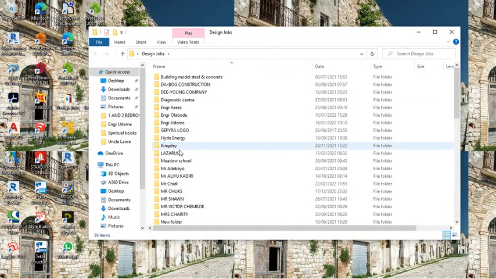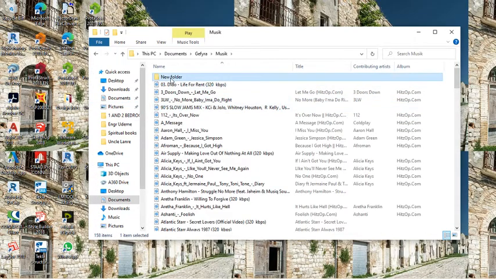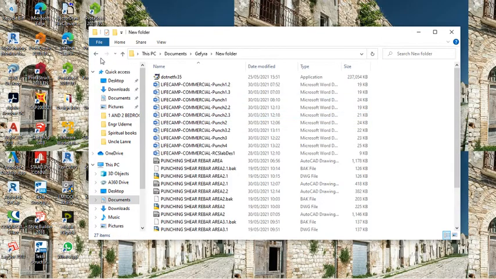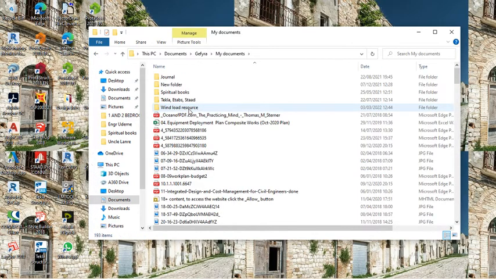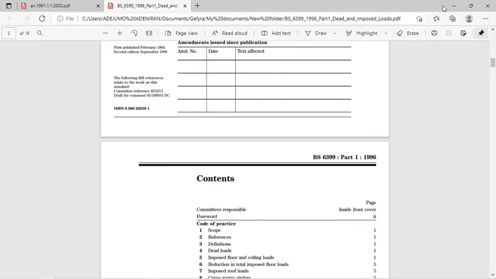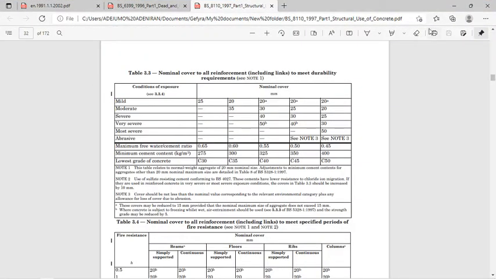So what I mean by that is that they make most of these values that we pick from the codes. They made use of them. Okay, this is British code. This is the one for dead load, and then this is the one for structural use of concrete. Okay, so to open a few.